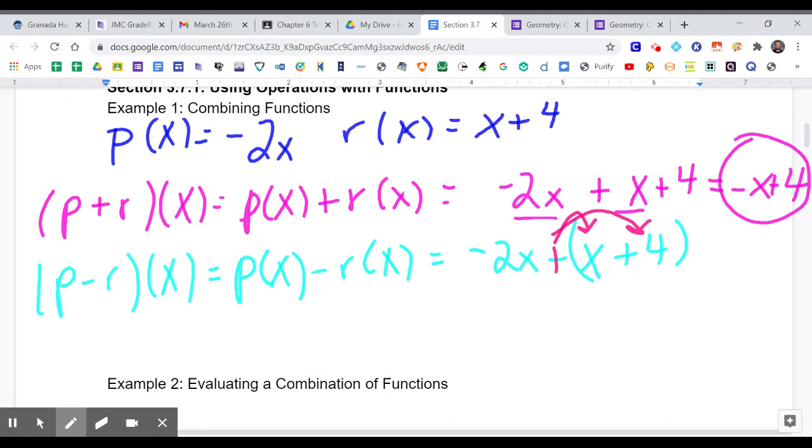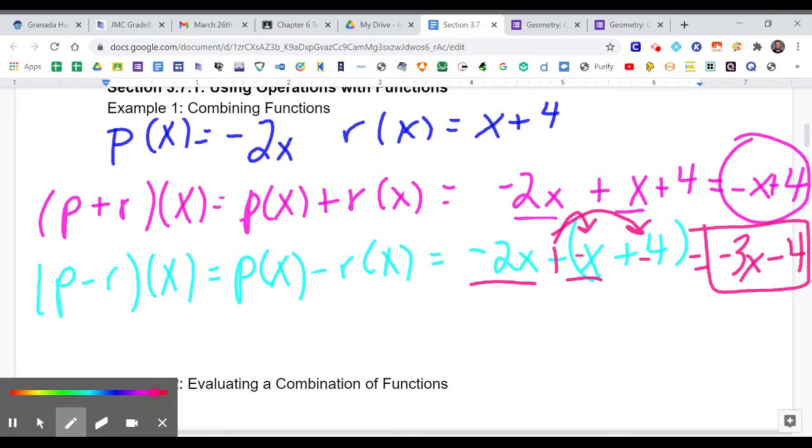So that's really a negative x and a negative 4. When we combine those, the first part you'd be okay with: negative 2x plus x would be negative 3x. But the second part, it's plus a negative 4, so it's minus 4. That would be an easy mistake to make, so we have to be careful with that.